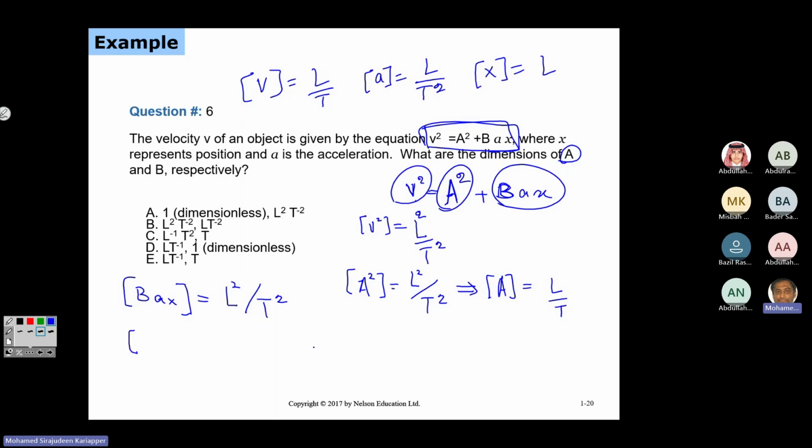I will say the dimension of BAX must be the dimension of B multiplied by the dimension of A multiplied by the dimension of X, equal to L squared over T squared. Okay. Now, I will continue. I know the dimension of A, L over T. I know the dimension of X, L.